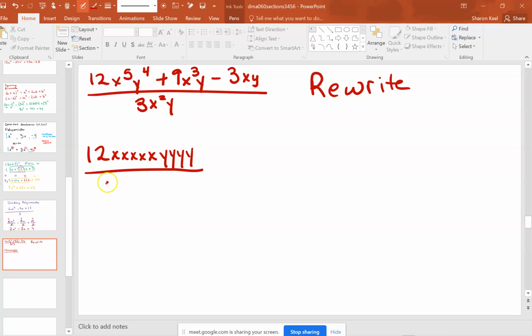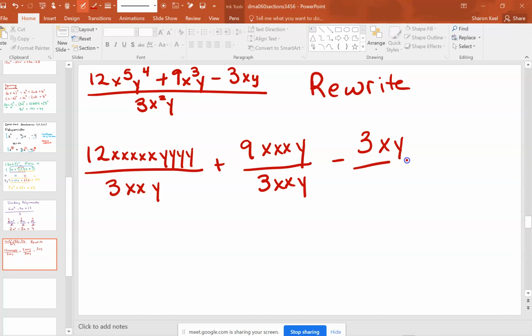I'm going to put it over 3, my x squared, and my y, plus 9, my x cubed, y, over 3, x squared, y, minus 3xy over 3x squared y. I like to write this one out the long way because when you have a lot of variables, it'll just make it easier to see what you have left and where it is located.